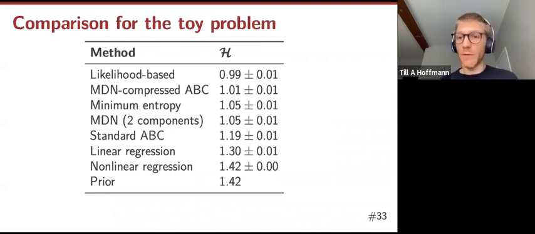Now, nonlinear regression does terribly, and that's maybe counterintuitive because it's a better, more rich regression model. So we can very exactly estimate the posterior mean, which is 0, which means we learn nothing at all.